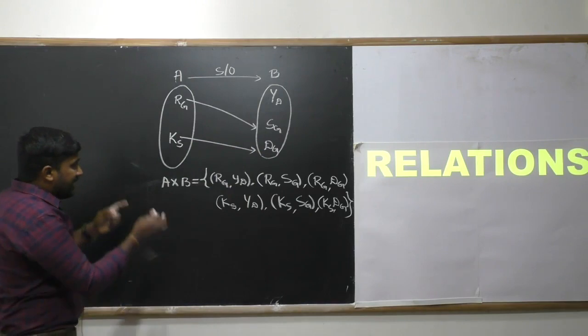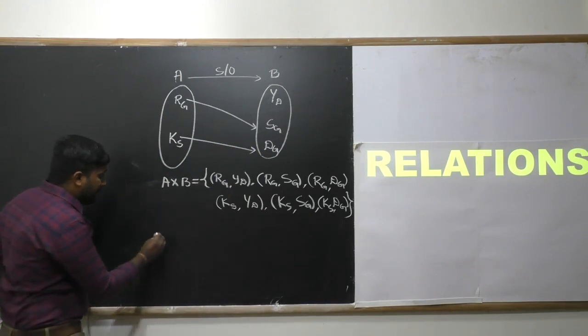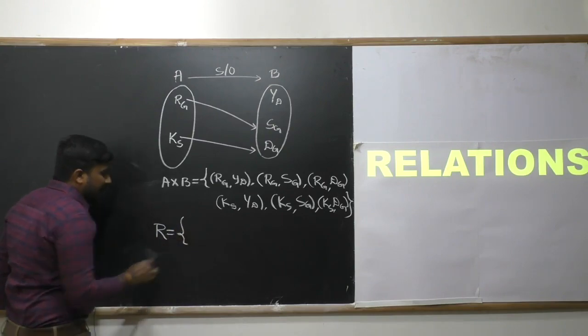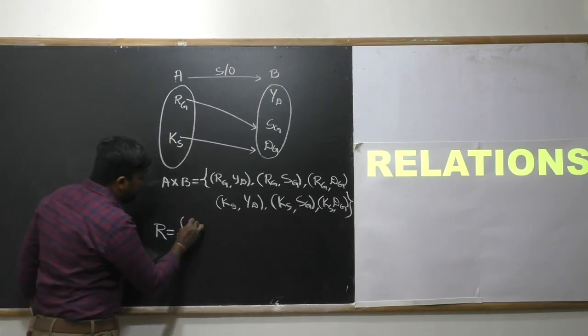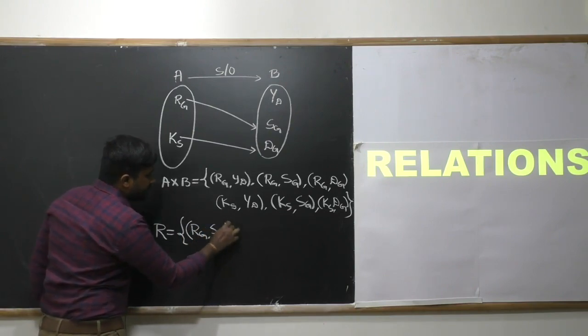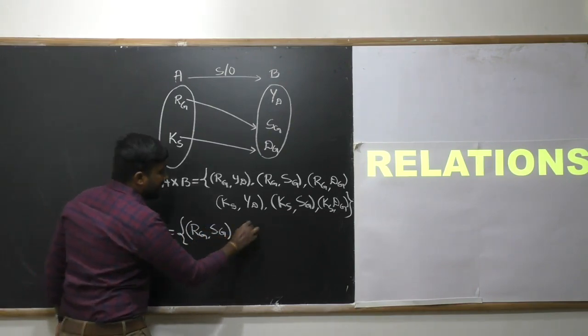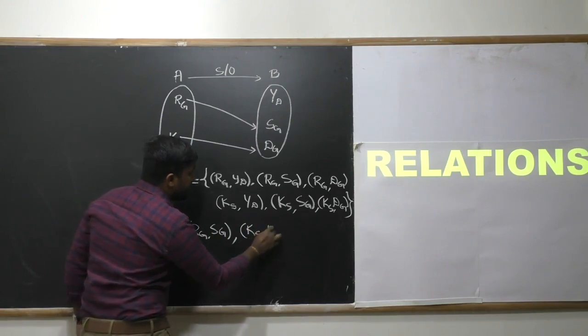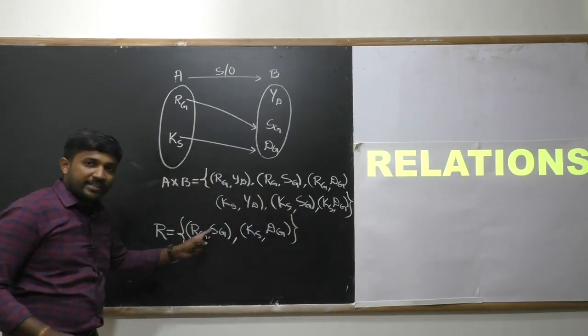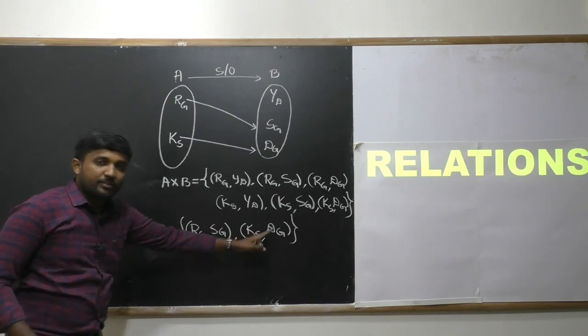Now here I write these ordered pairs in a new set. R is equal to a set with ordered pairs RG, SG and KS, DG. Correct? Now Rahul Gandhi is son of Sonia Gandhi, Kumaraswamy is son of Deve Gowda.